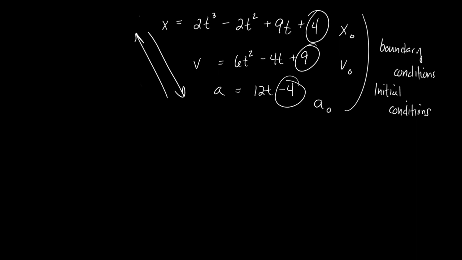So when we're going from position to velocity, we take the derivative. But if you're going from velocity to position, you take the antiderivative. Now, I think you guys probably need a quick practice just to make sure that this is hitting home correctly.